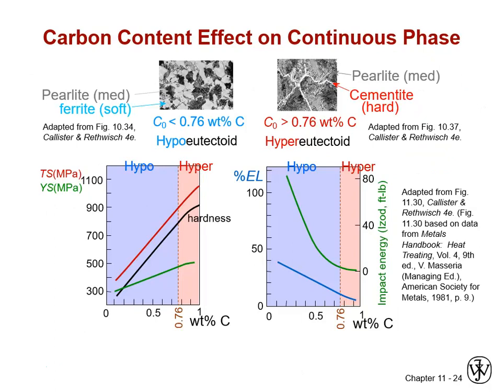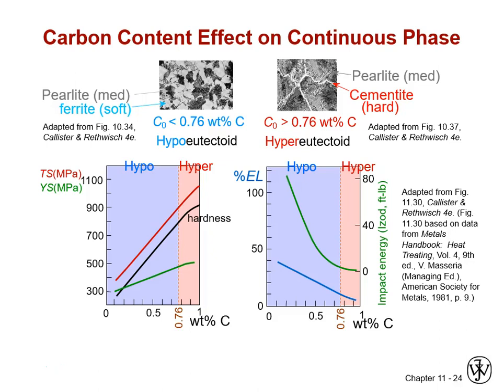Okay, carbon content, because not all martensite is the same, and not all of our decomposition steel products are the same. So how does carbon content, what is its effect on the continuous phase? So obviously, if we're contrasting hypo versus hypereutectoid, it completely alters the continuous phase. If we're in a hypoeutectoid steel, excuse me, I didn't mean to say eutectic, eutectoid, we're steels, it's all eutectoid.